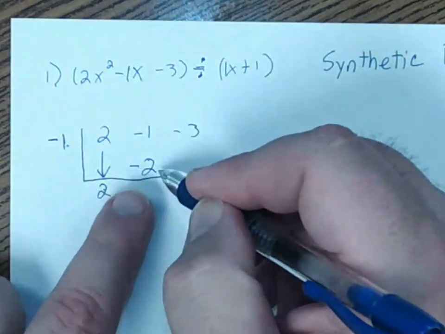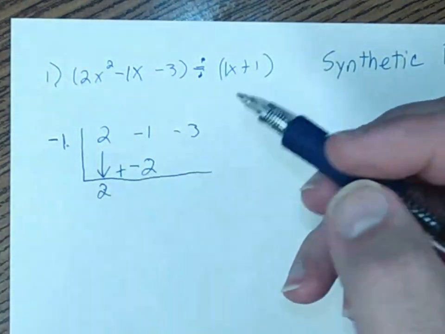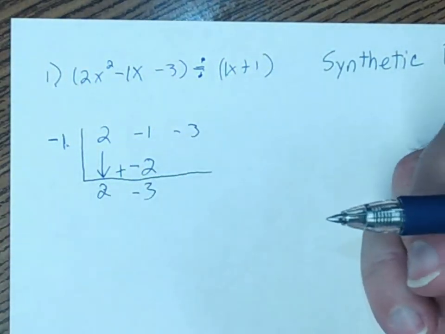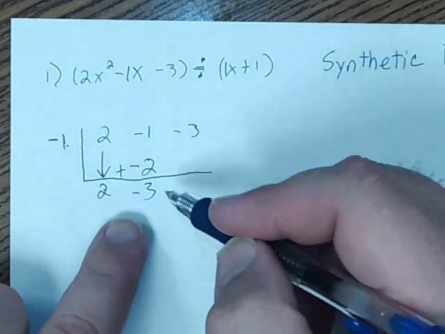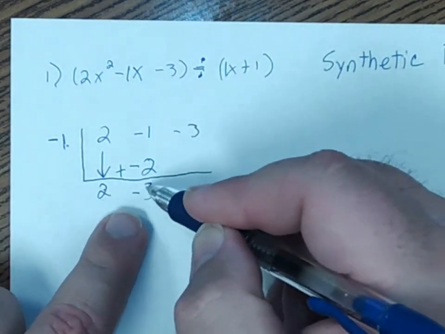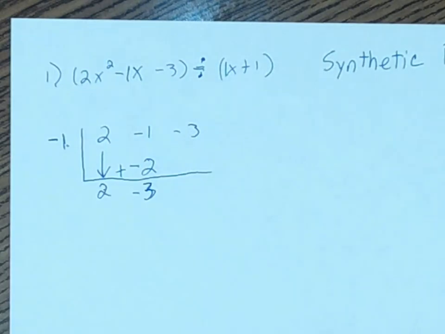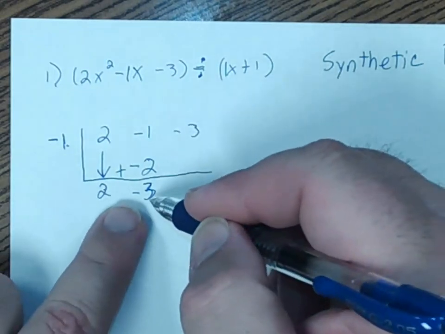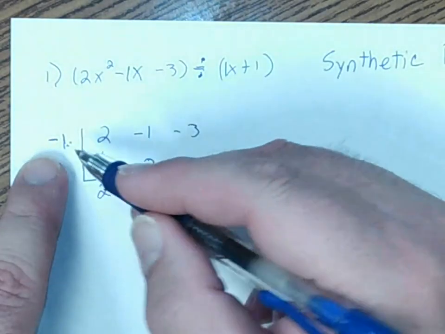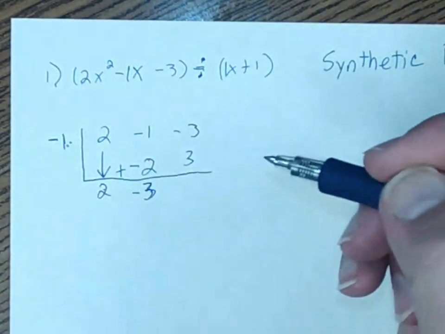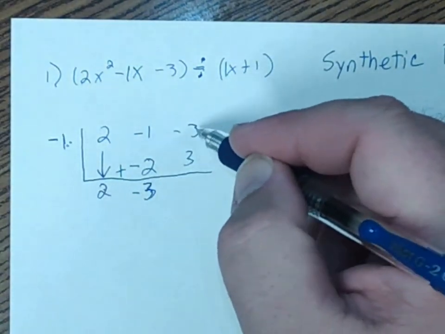So multiply, write, and then you're going to add down. Negative 1 plus negative 2 is negative 3. And then you repeat the process. But now you do it with this new number. Whatever's the most recent thing you just wrote under the line, that's what you multiply with. So now I'm going to go negative 3 times negative 1, which is positive 3. And I'm going to write it under the next number in the series, which would be negative 3.